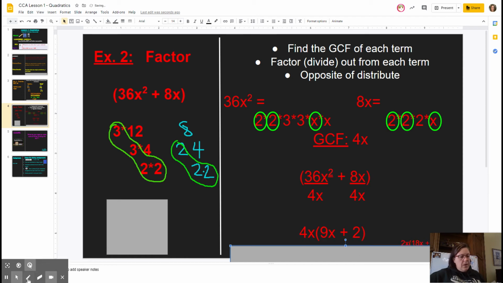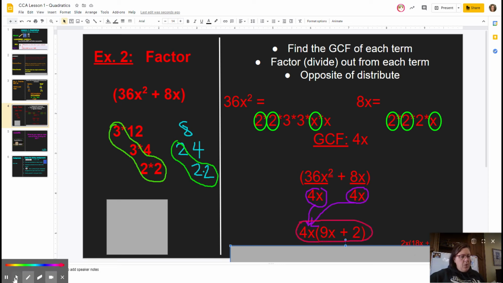And then notice this 4x, our GCF. Remember me saying it's the opposite of the distributive property, so that GCF comes outside the parentheses. So this would actually be your final answer if you were told to factor.